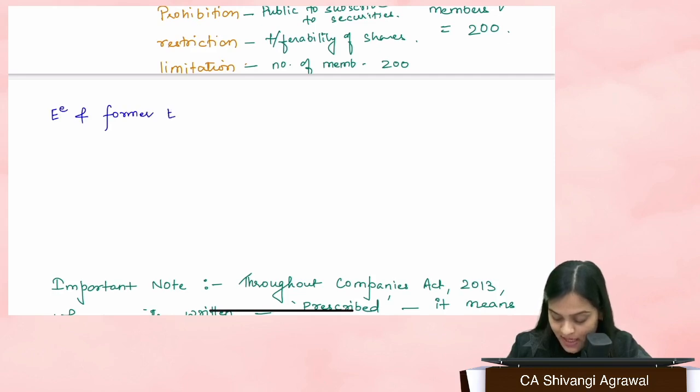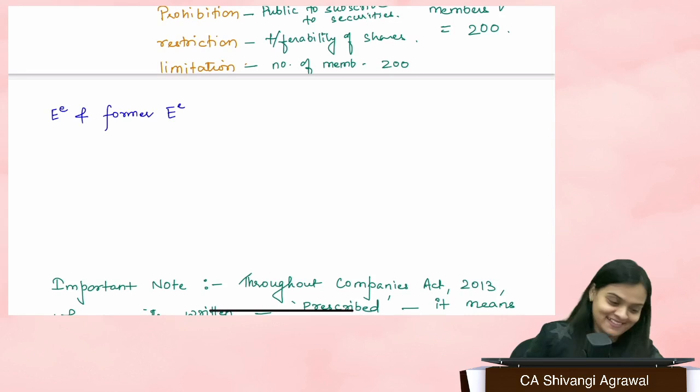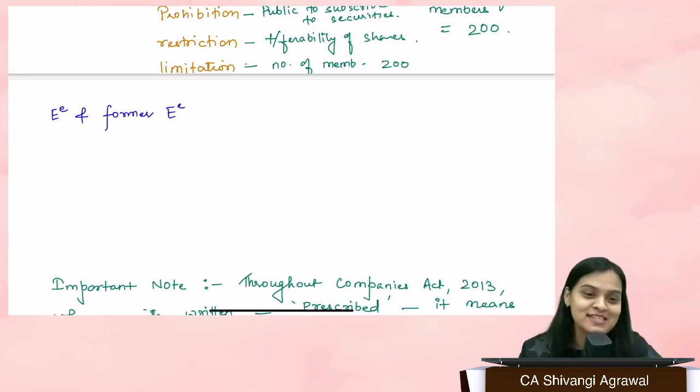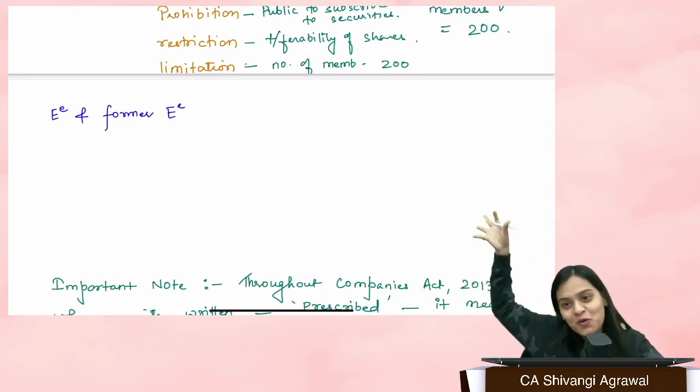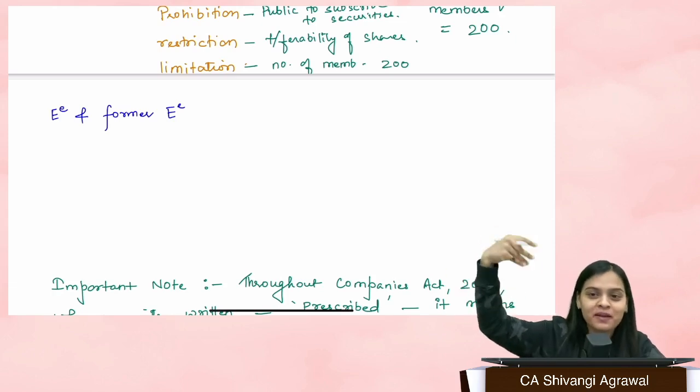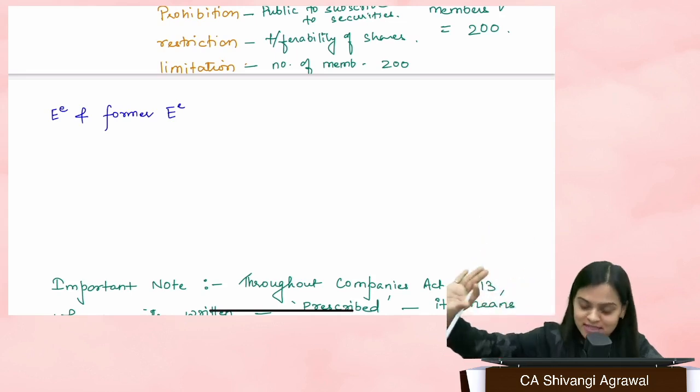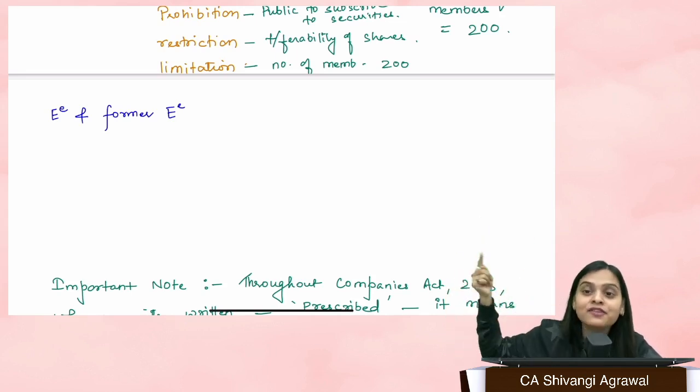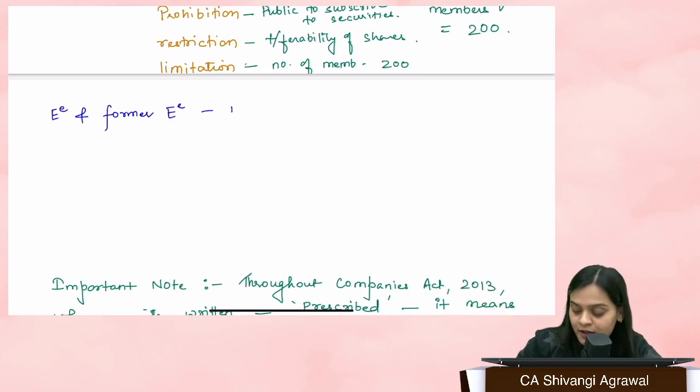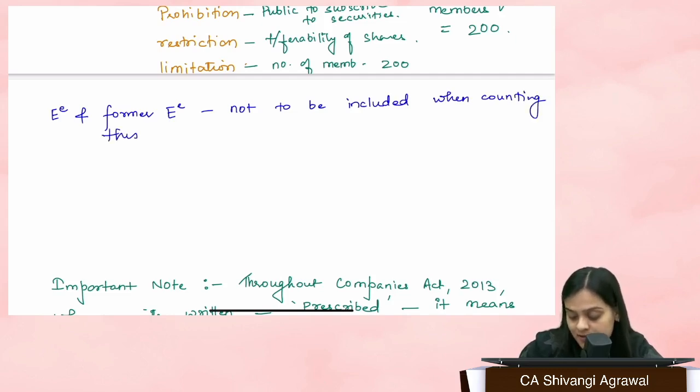Former employees means your ex-employees who were in the employment, who got the shares, but now they have switched the company, they have left and they are working somewhere else. Fine. Employee and former employee are not to be included when counting this limit of 200 members.